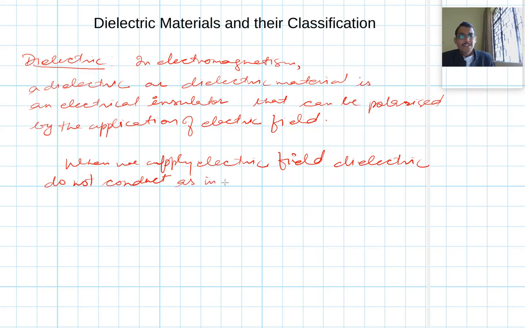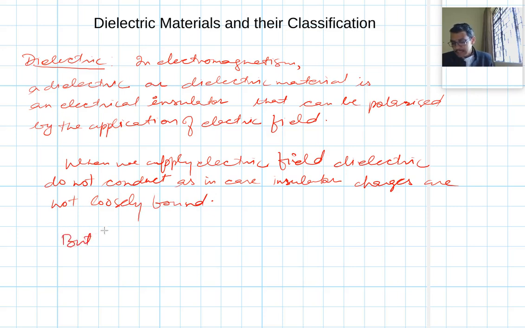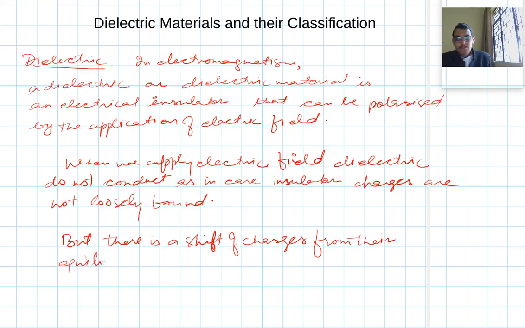As in the case of an insulator, charges are not loosely bound, meaning they are not free, but there is a shift of charges from their equilibrium position, and this causes polarization of the dielectric.